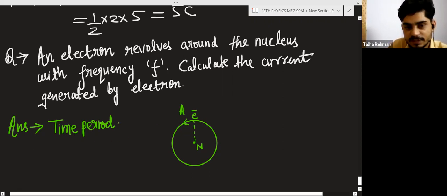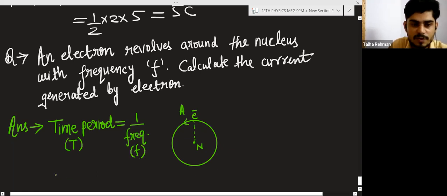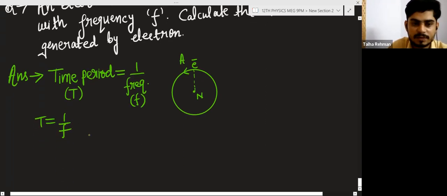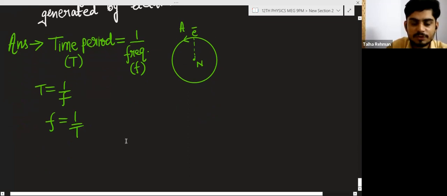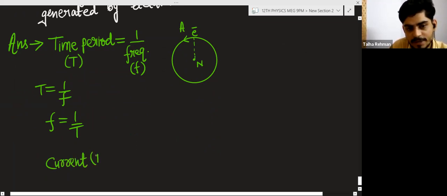Time period T is given by 1 upon frequency, T = 1/f, and frequency can be written as 1 upon time period. No problem. And we know that the formula for current is I.